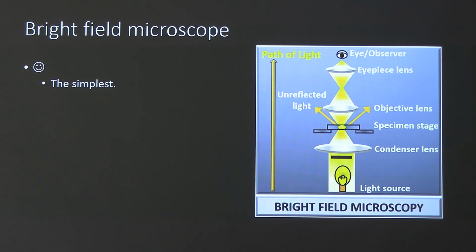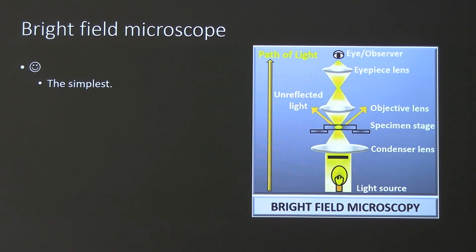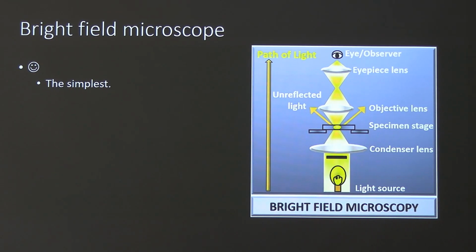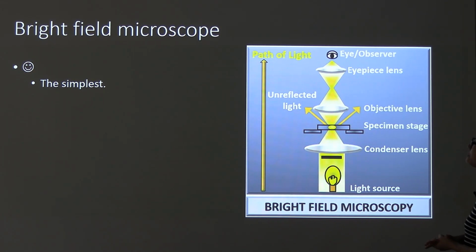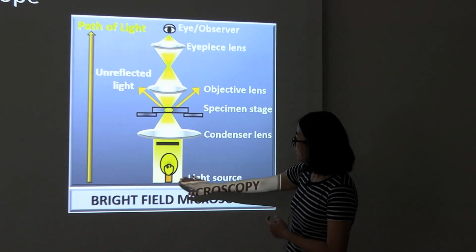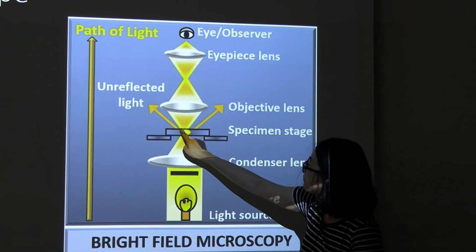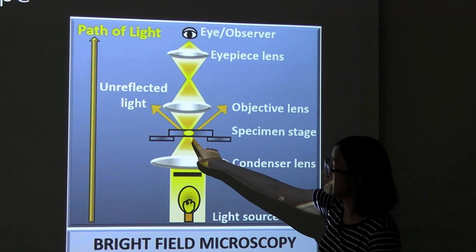So what is a bright field microscope? As I said before, it's the simplest because there's no modification on the light. The light goes through from the light source. With the condenser, it focuses on your sample.